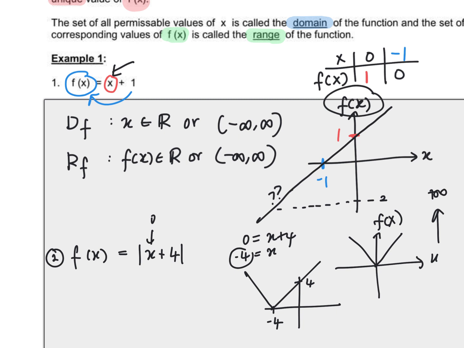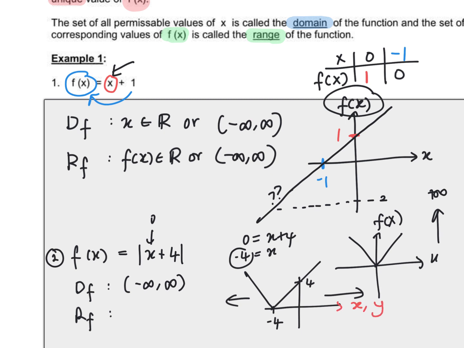Okay, so for this one we can identify the domain. The domain can be all values from negative to positive infinity, right? So x is still an element of the real numbers. And for the range of f, we are going to check where the graph is. The graph only covers the positive values, so it is here, above the x-axis.